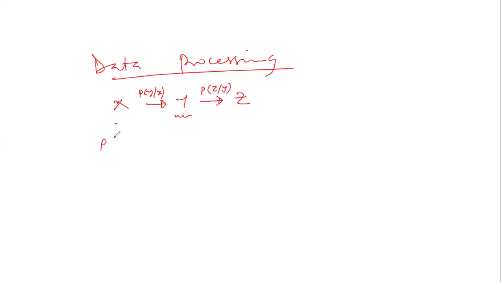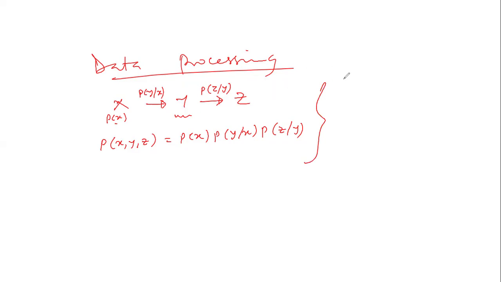Then we now see that the probability of X, Y, Z is the same as the probability of X, times the probability of Y given X, times the probability of Z given Y.